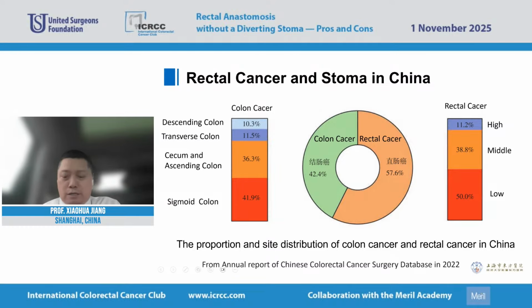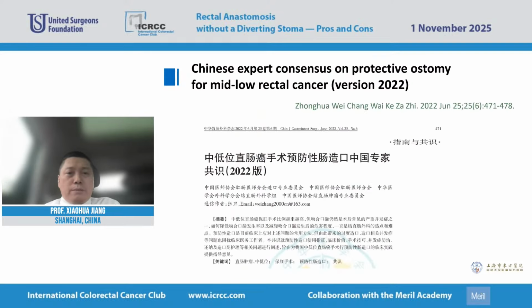We have no data on the diverting stoma rate for rectal cancer, but in our center, for low rectal cancer, we perform a diverting stoma in around 70%, and for middle rectal cancer around 20 to 30%, depending on different groups.